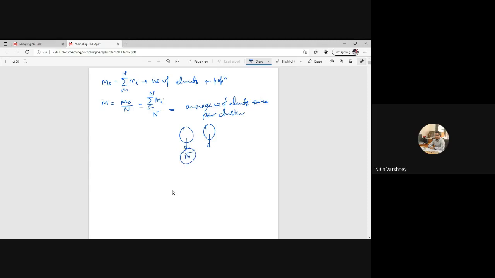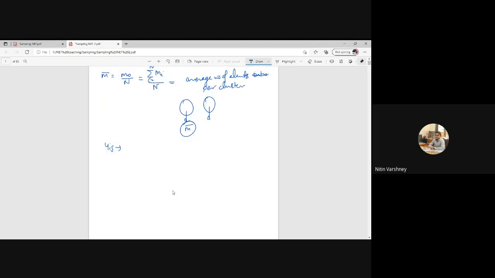Okay, now yij is the character under study from the jth element of the ith cluster. How will it look? Suppose this is the ith cluster, here there will be elements, and this is the jth element. So yij is the value of the jth element of the ith cluster of the character under study.